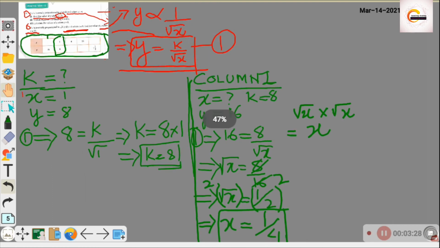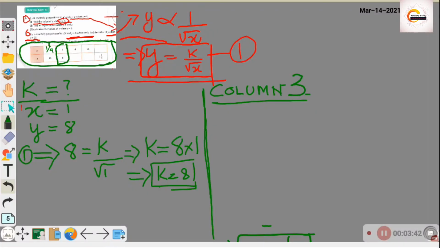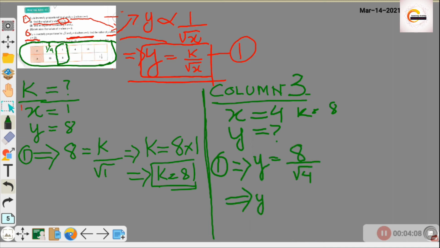So I am going to write number 3, x is equal to 4 and y is unknown and k is 8. So I am going to put these values now in equation 1. y is equal to 8 upon 2. 2 ones are 2, 2 fours are 8, and the value of y is 4.